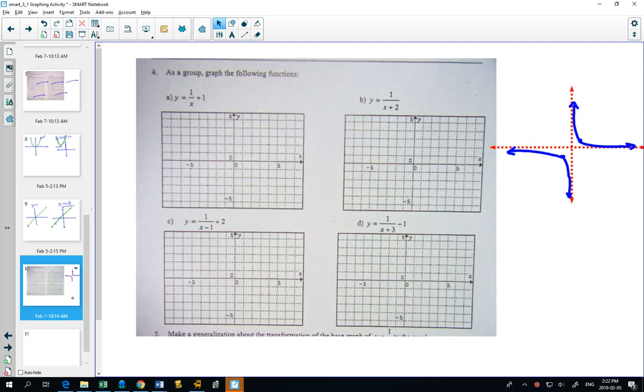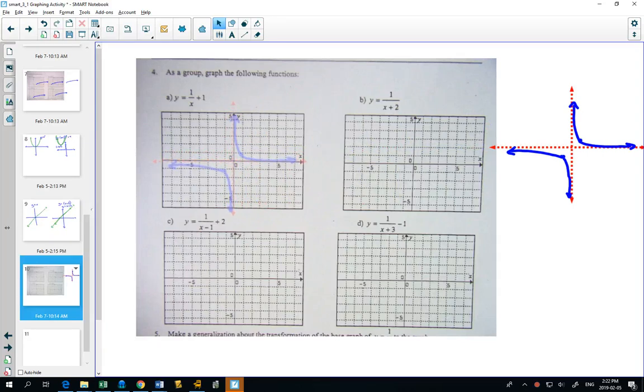Do the same rules hold true with a rational graph? Yes. But it's a little bit harder to see what's inside a function and what's outside of a function with the rational graph. Again, if you think about where the x is, that's considered inside the function. In this first one, I have 1 over x plus 1.